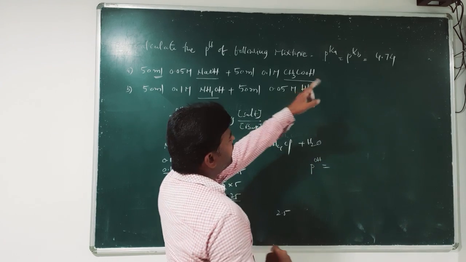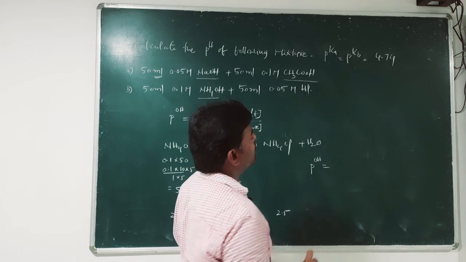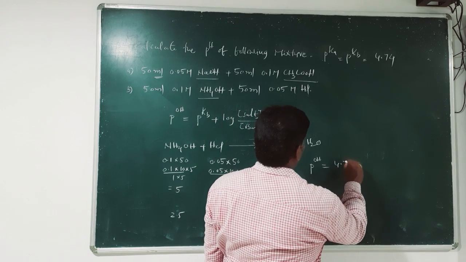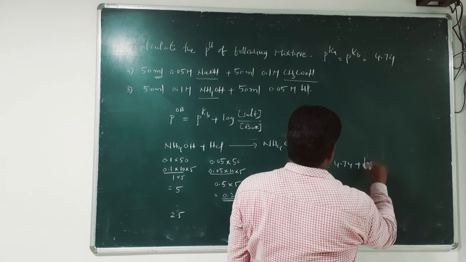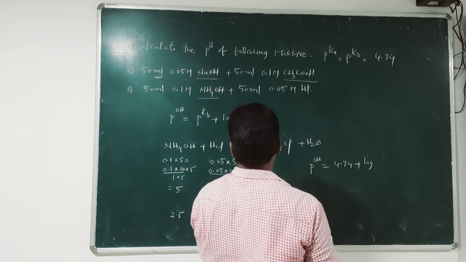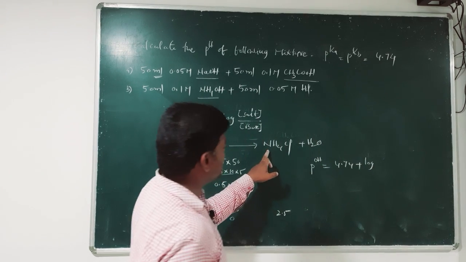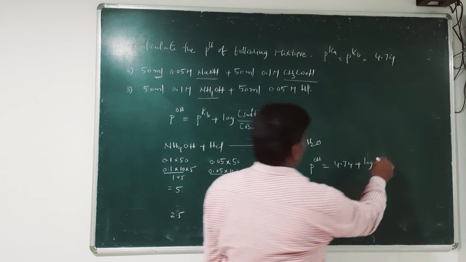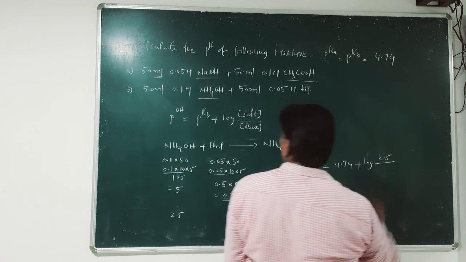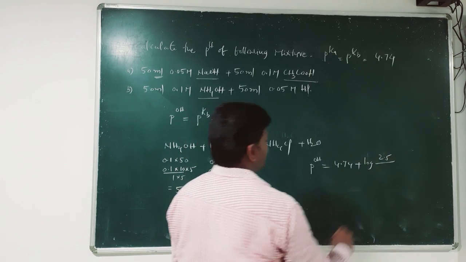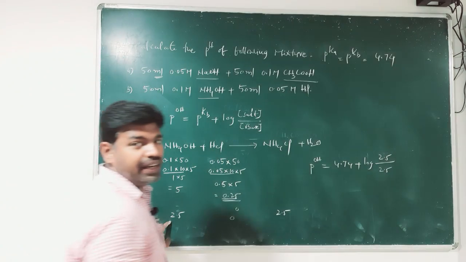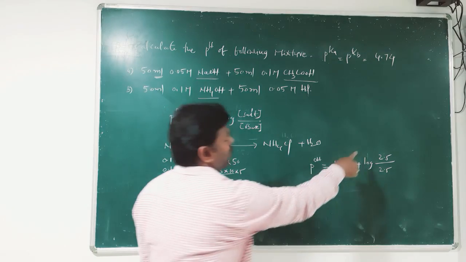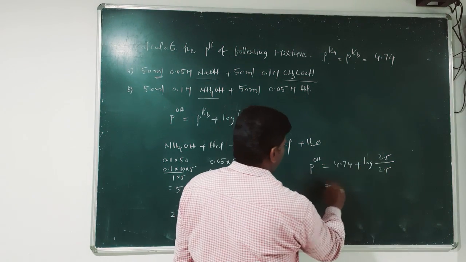The given pKb value is 4.74 plus log concentration of salt by base. Concentration of salt is 2.5 and the concentration of base is 2.5, which gives 1, and log 1 is 0, and pOH is 4.74.